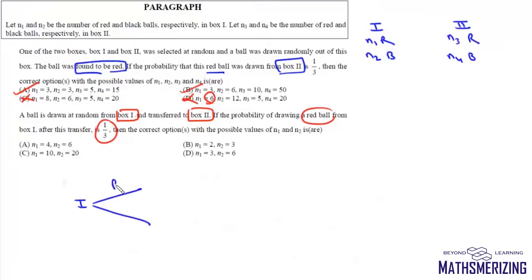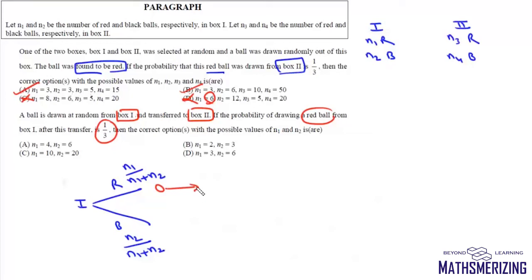Now this ball could be red or it could be black. Now it is red with the probability N1 upon N1 plus N2. It is black with the probability N2 upon N1 plus N2.